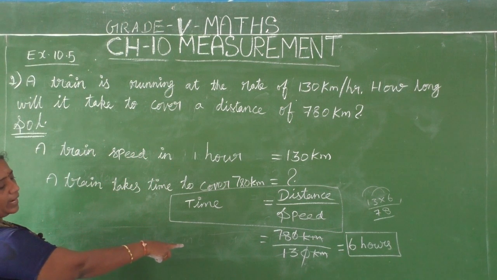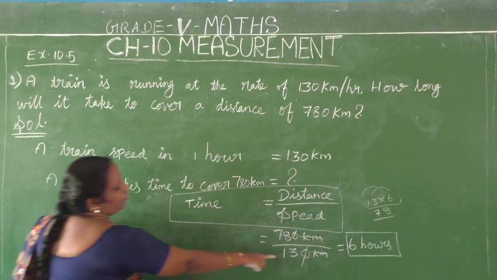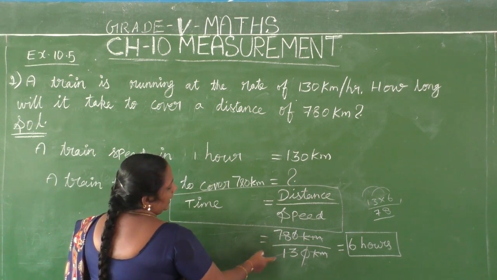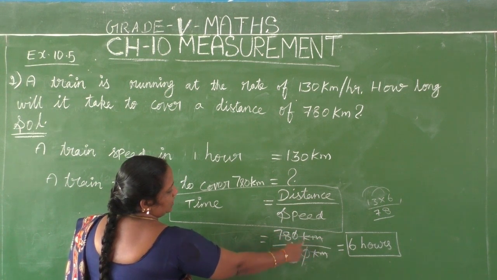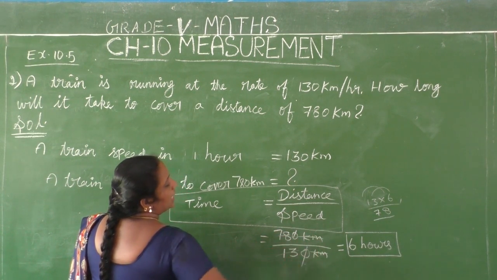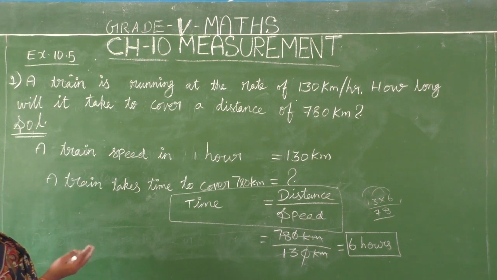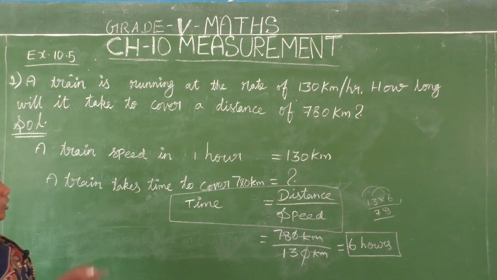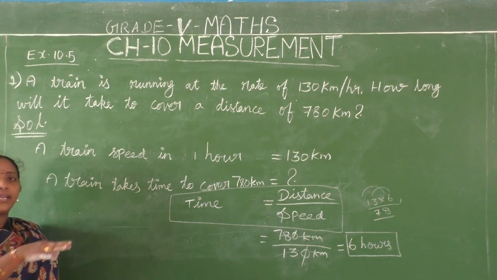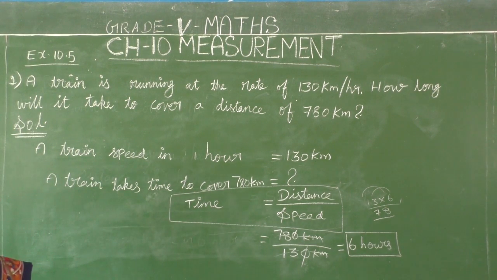The speed is per hour 130 kilometer. So I cancel this 0 for this 0. Then I am using the 13th table. 1 13s are 13, 6 13s are 78. Kilometer for kilometer cancelled. So 6 hours. So how long will the train take to cover 780 kilometers? 6 hours. Okay, so the second sum also we have tried in a class work note, question with answer. Then we go to the next one.